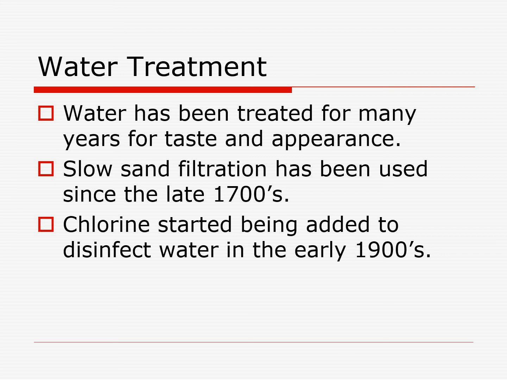The slow sand filtration, having been started in the late 1700s, was not originally done to eliminate microorganisms. That's what chlorine actually will do, is kill the microorganisms, because in the 1700s, people didn't really understand microorganisms, but it started being used to get particles out of the water and to make the water look better.